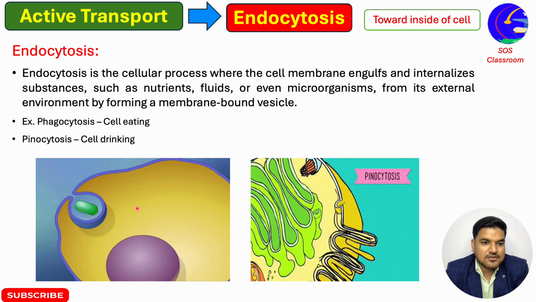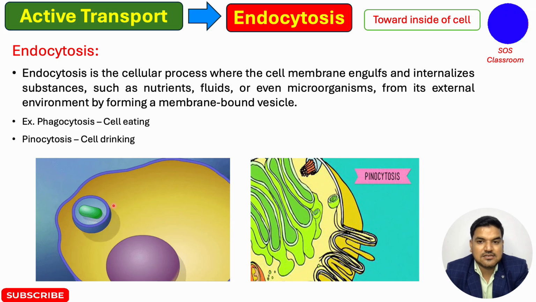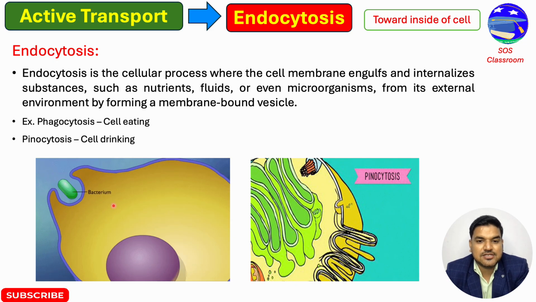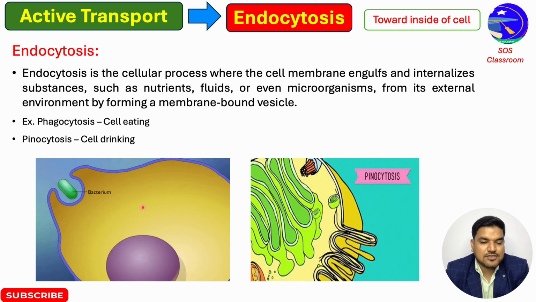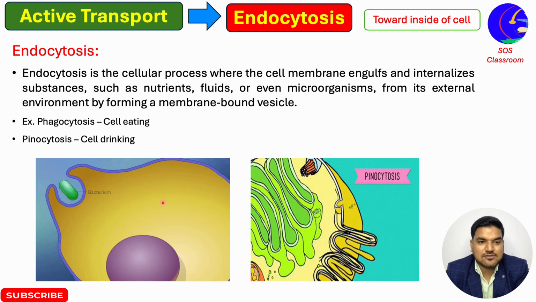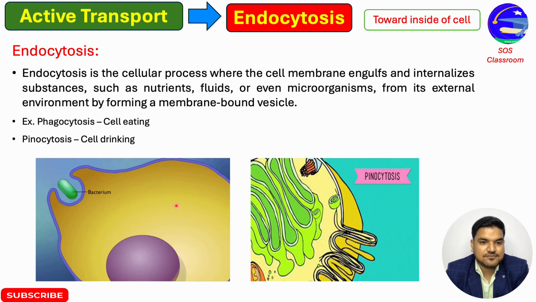You can see this is the phagocytosis process. This is a bacterium, and the cell changes its structure and takes the bacterium inside the cell and neutralizes it with the help of the lysosome enzyme. This process is done by special cells called phagocytes or WBCs.